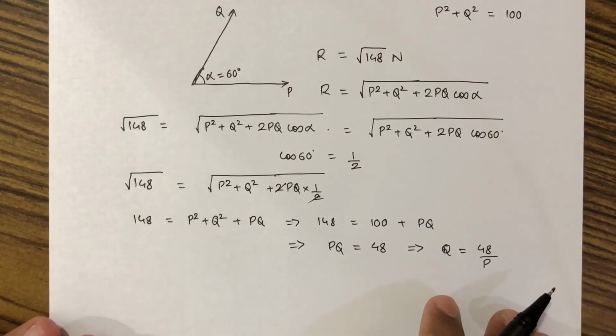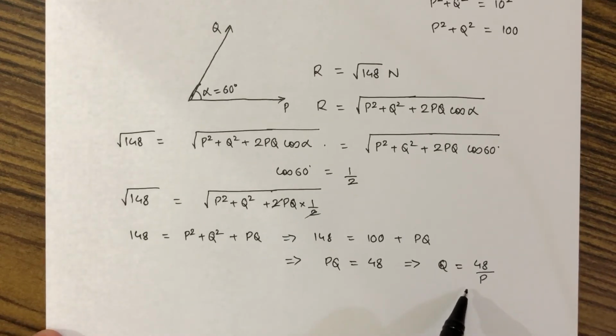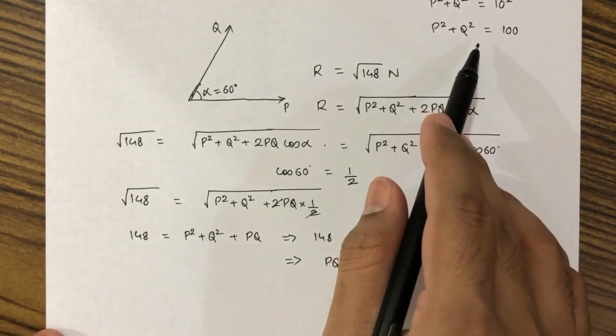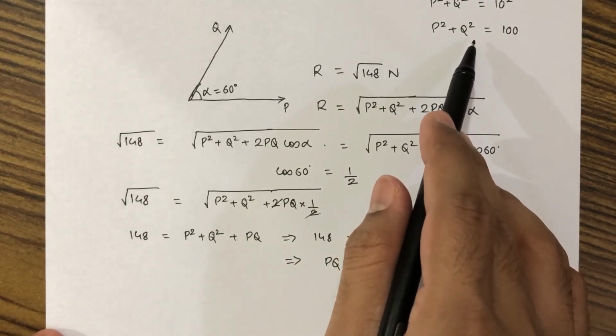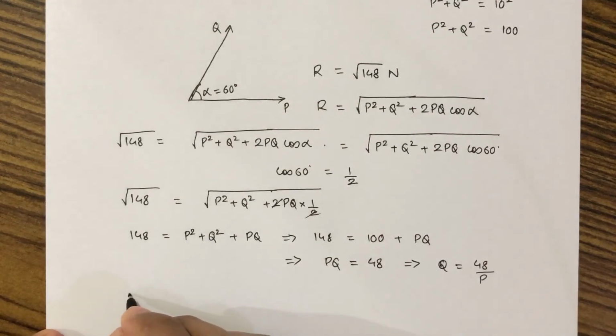Now if we substitute this value Q is equal to 48 upon P in this equation, we will get P square plus 48 square upon P square is equal to 100.